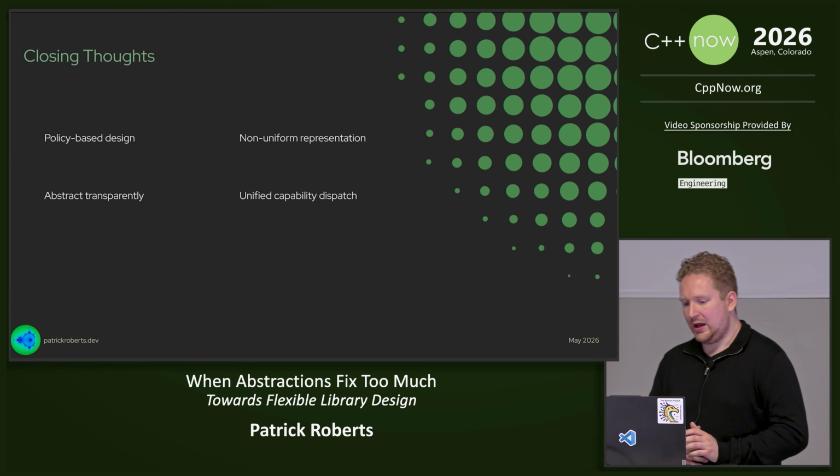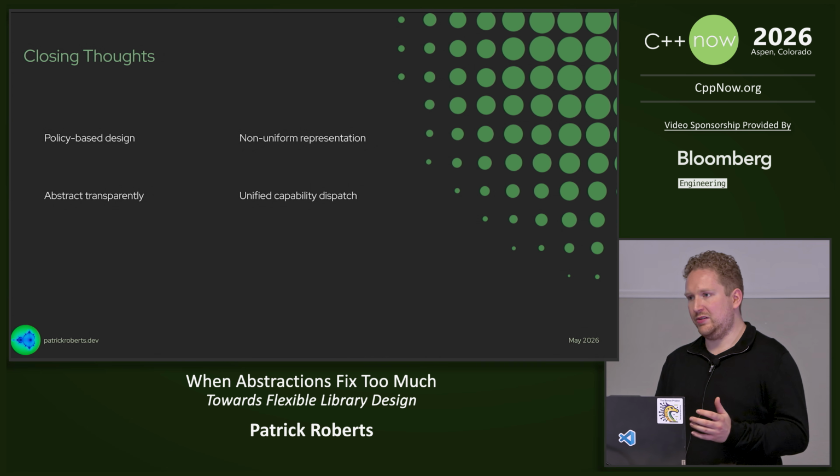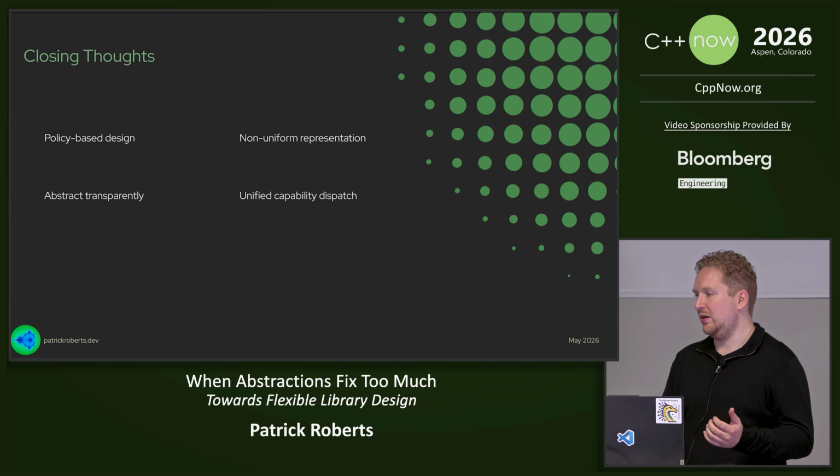Closing thoughts: I hope I conveyed a sense of the policy-based design that exists in this way of thinking about generalized polymorphism. The idea that choosing mechanisms to unlock non-uniform representation can enable optimizations that would otherwise not be possible. The idea that as a library author, you should try to abstract transparently.